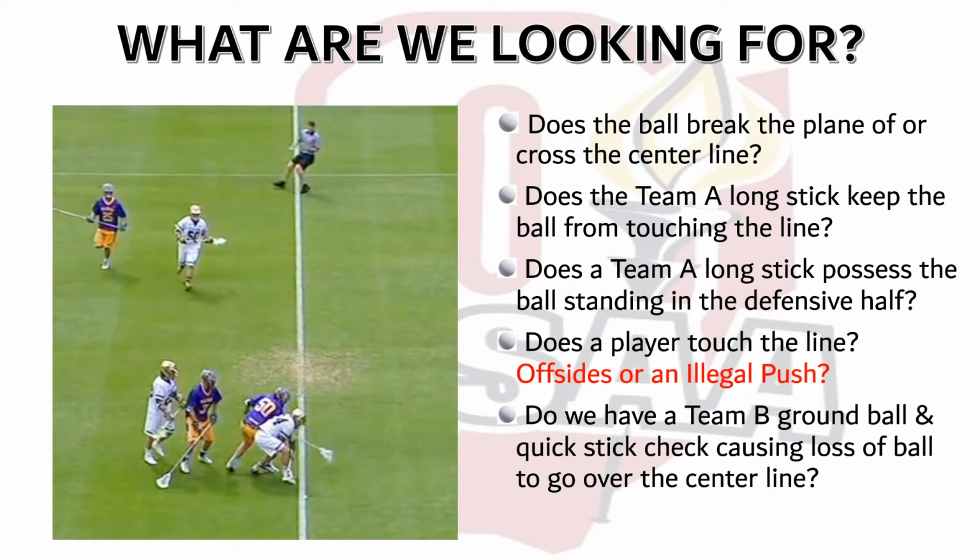In this situation, a lot of times we'll see a foot on the line. And it's not just as simple as, well, his foot's on the line, you're offsides, because there's a possibility that blue 50 could potentially push white 24 from behind, causing him to step on that line.